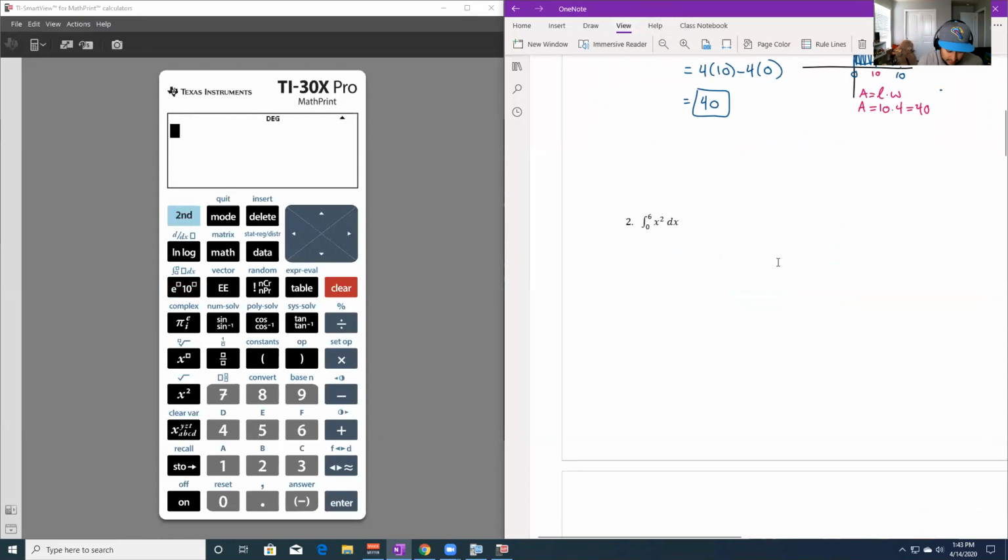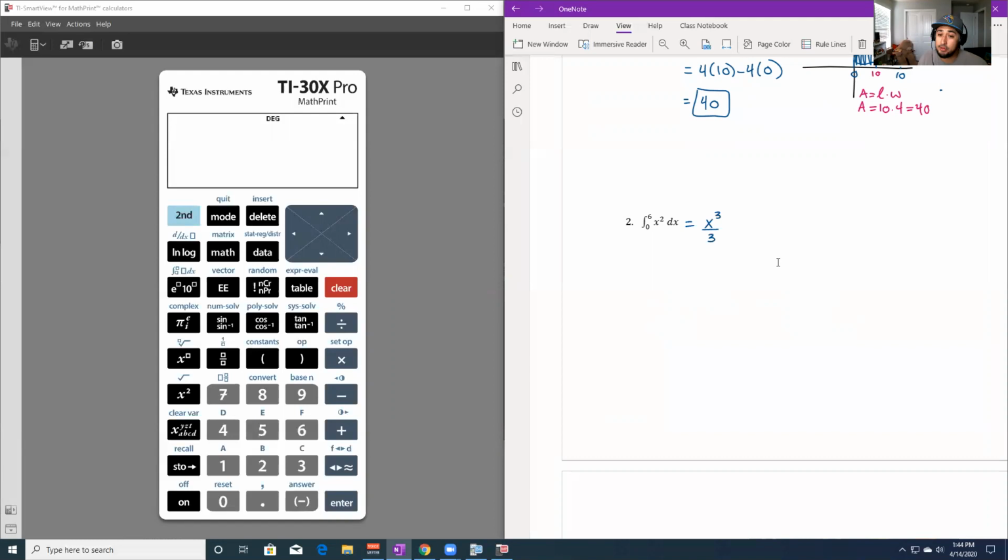Perfect. Keep going. Now we want the integral of x squared from 0 to 6 dx. So for this one, it will use power rule, where we add the 1. So hopefully we're good at it by now. This becomes x cubed over 3.